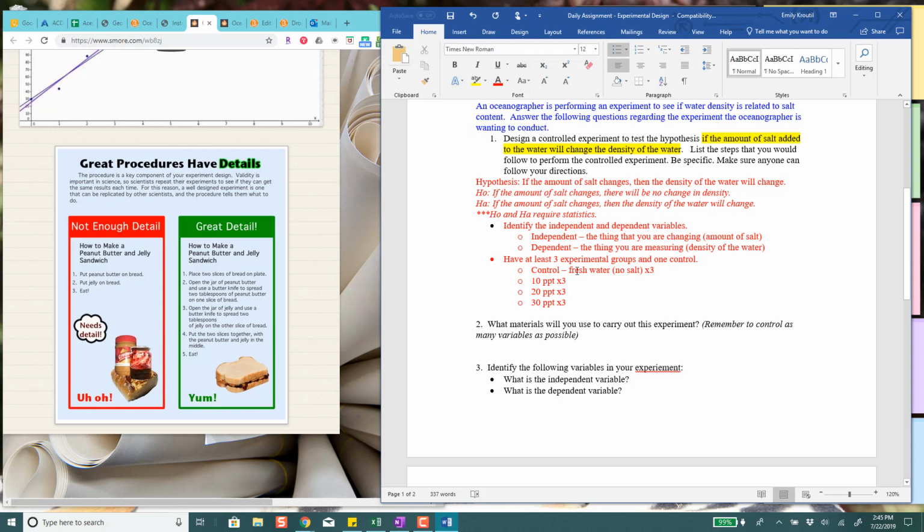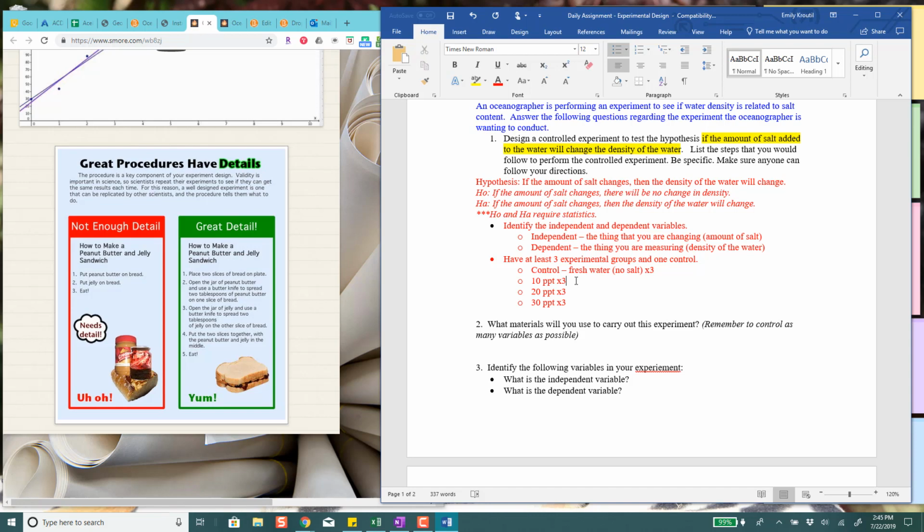That's what we call each additional one, replicates. Because if something happens, let's say you knock over the 10 parts per thousand cup and you only have one of them, and you knock that one over, you no longer have 10 parts per thousand as part of your experiment anymore, right?